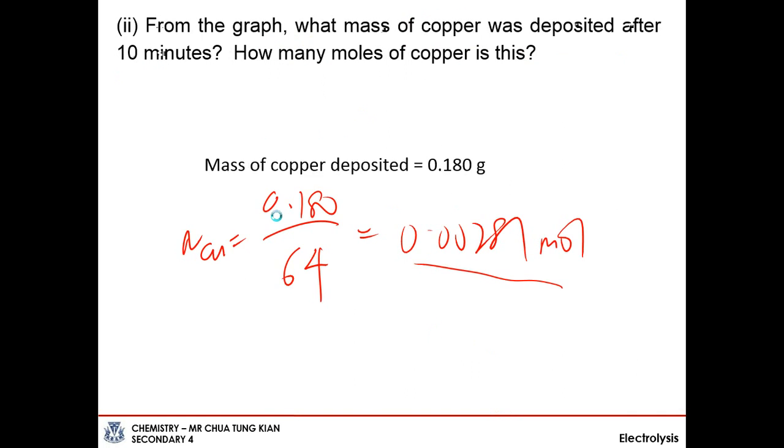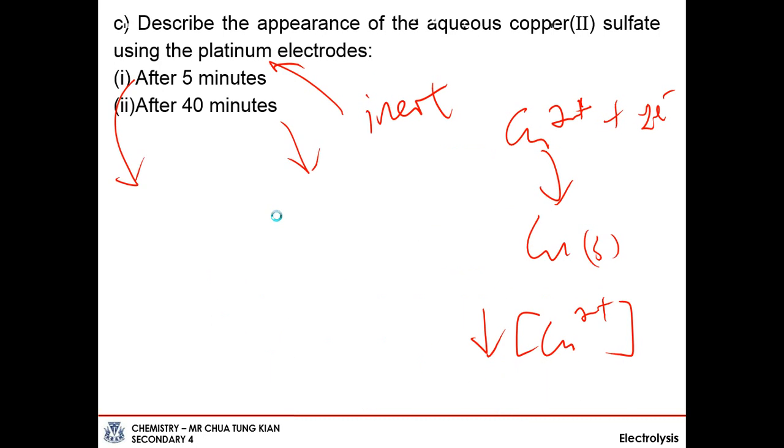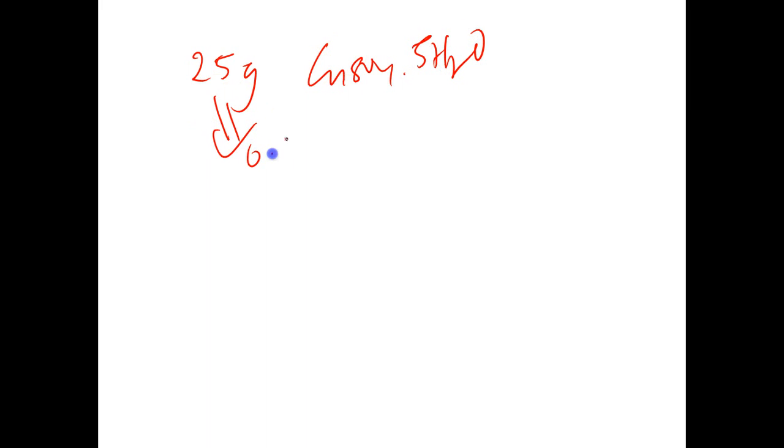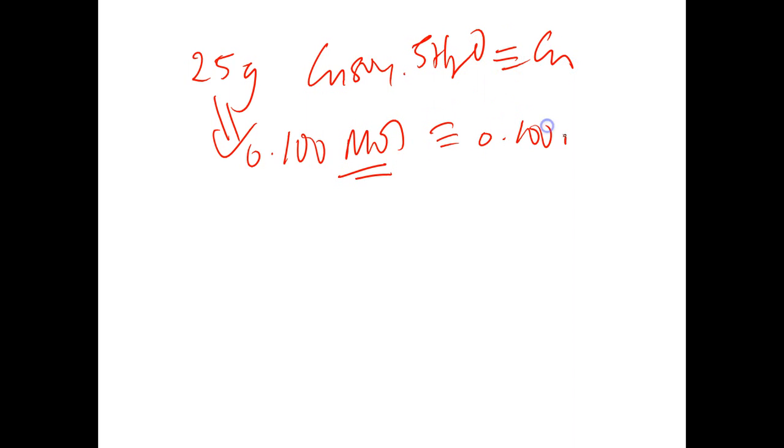If you look at this question again, we know that we have 25 grams of copper(II) sulfate crystals. This translates to 0.100 moles of CuSO4.5H2O, which translates to 0.100 moles of copper.